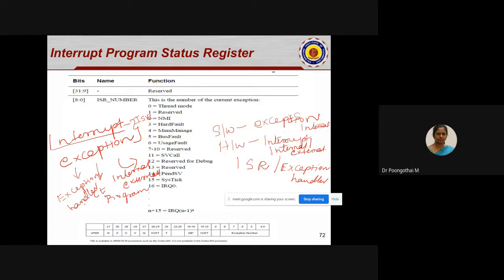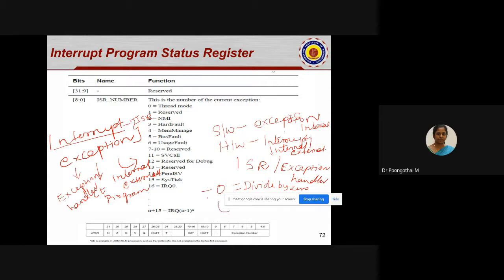Suppose you divide a number by 0, in that case a divide by 0 exception will be generated. It is one type of software exception that is generated internally to indicate that we are doing some illegal operation.